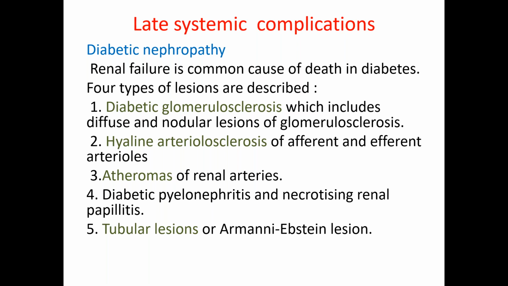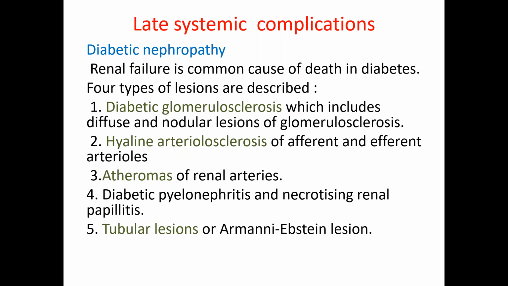And the infective complications are there. Diabetic patients are prone to infections, urinary tract infections, and ascending infection may lead to diabetic pyelonephritis. The most important complication of acute pyelonephritis is necrotizing renal papillitis or papillary necrosis. And if it is bilateral, this may lead to acute renal failure.